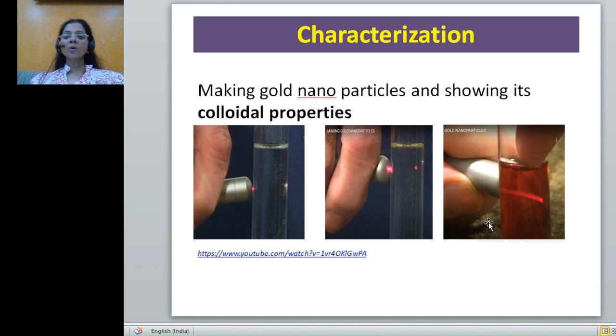Why? Because the gold nanoparticles present in between are able to reflect and scatter the light, and our eyes are able to receive that scattered light. That is why we are able to see the path of light in the colloidal solution of gold nanoparticles.